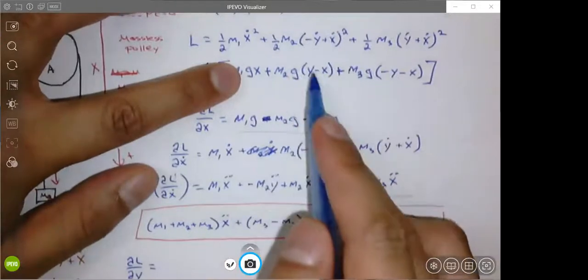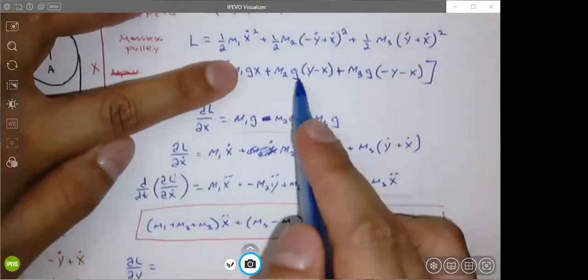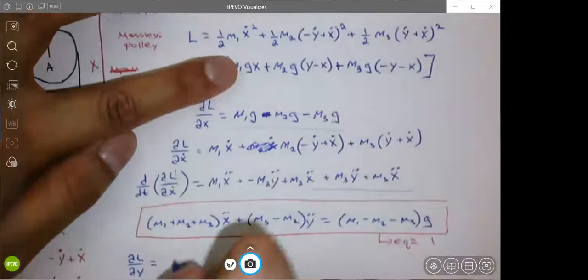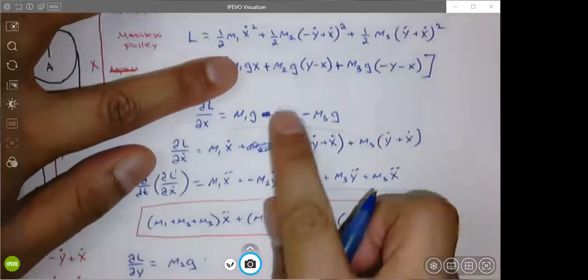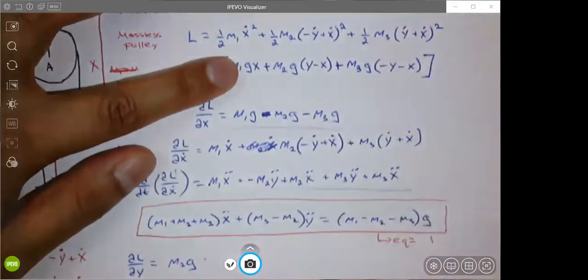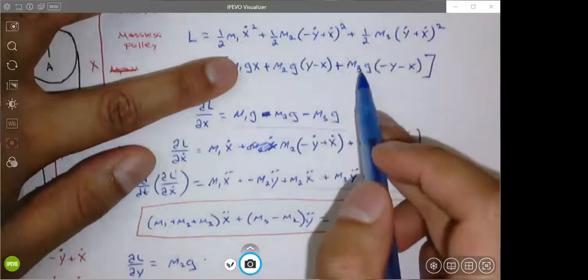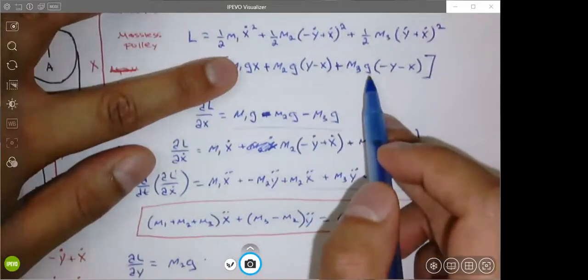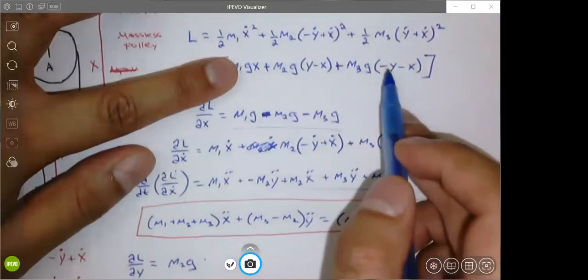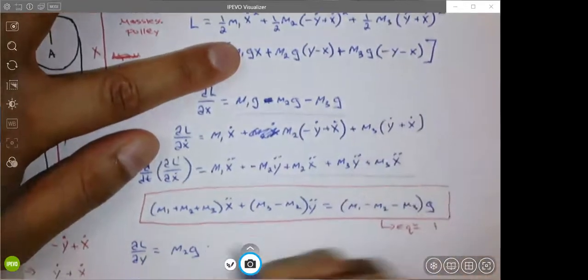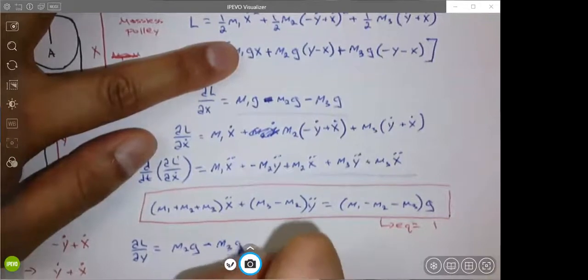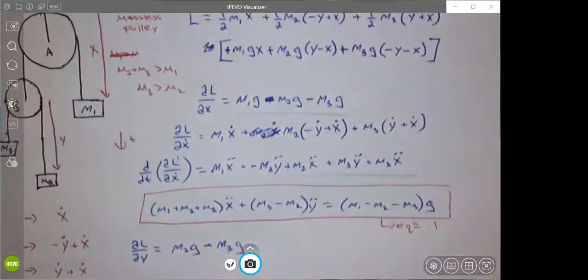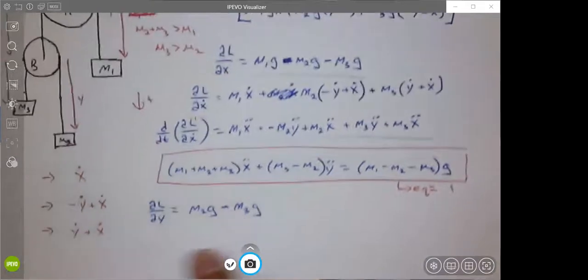Over here, we have a y term here, so it's going to be m2 g y, m2 g, just m2 g. The derivative of this is just that. Ooh. And then over here, it's going to be m3 g times negative 1 because there's a negative y right here. So minus m3 g. And that is the y term.